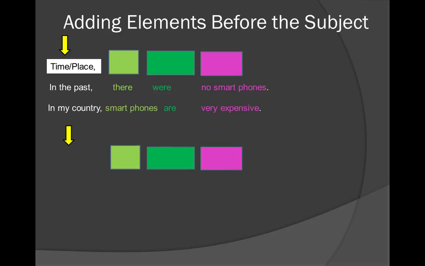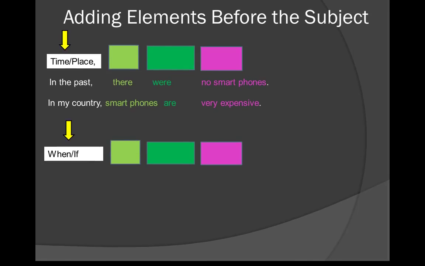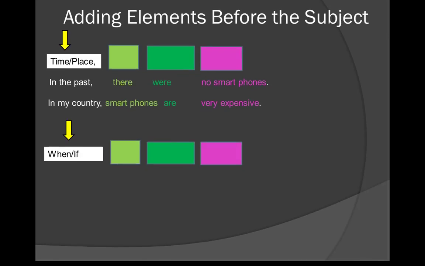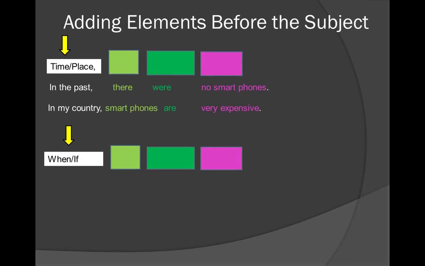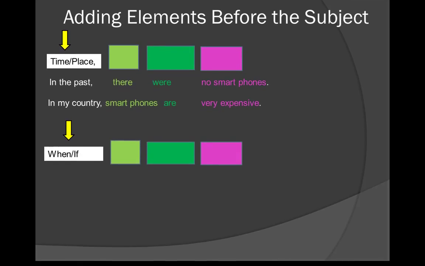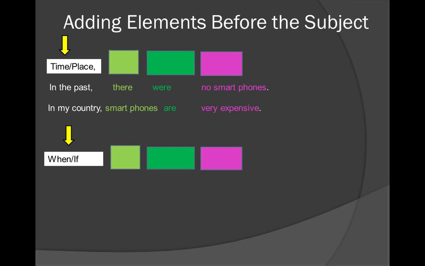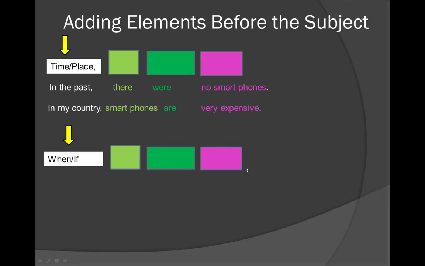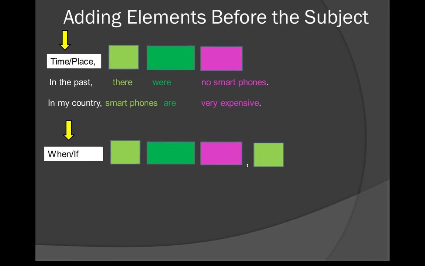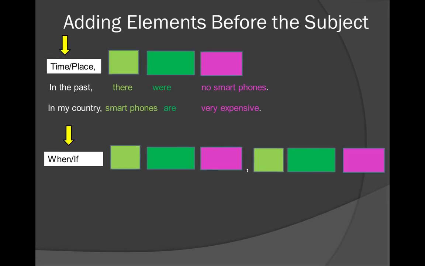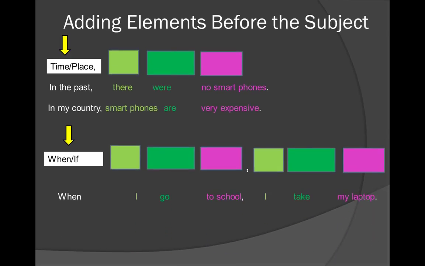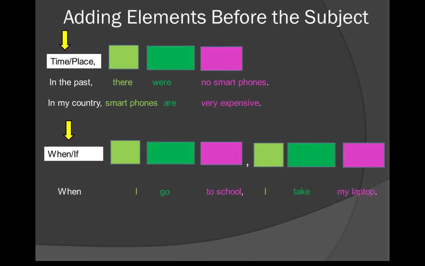All right, so let's continue adding. One more element we can add is the word when, or in this case, I'm also introducing if. However, pay attention. When I add when or if before the subject, I'm going to need a comma after my complement, and I'm going to need another subject, another verb, another complement. So, for example, when I go to school, I take my laptop.